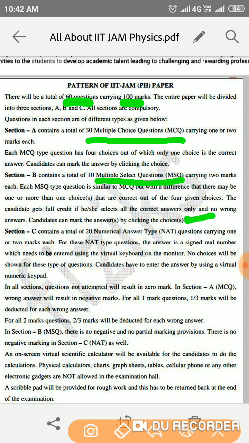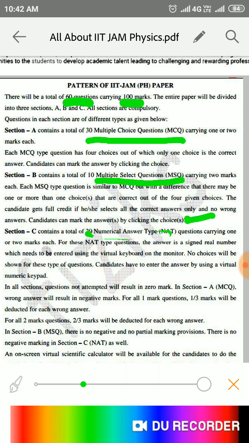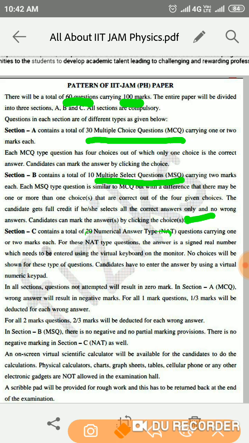Now moving to section C, this section consists of numerical answer type questions, which means you are not provided with options. You have to give the answer in numerical.